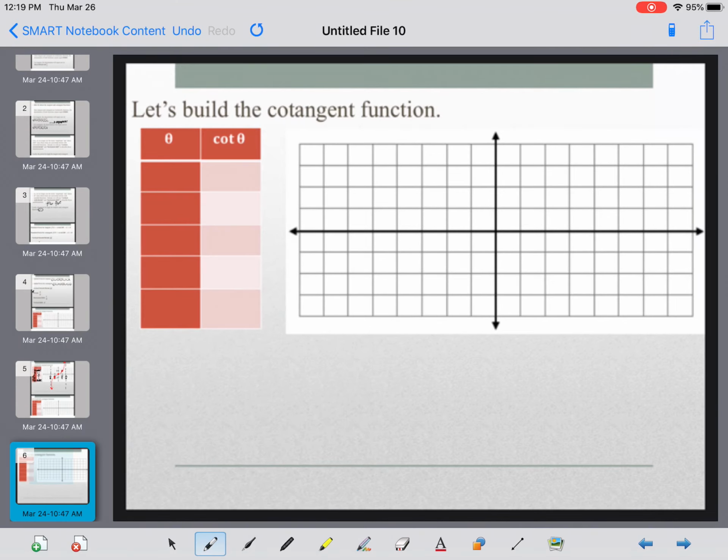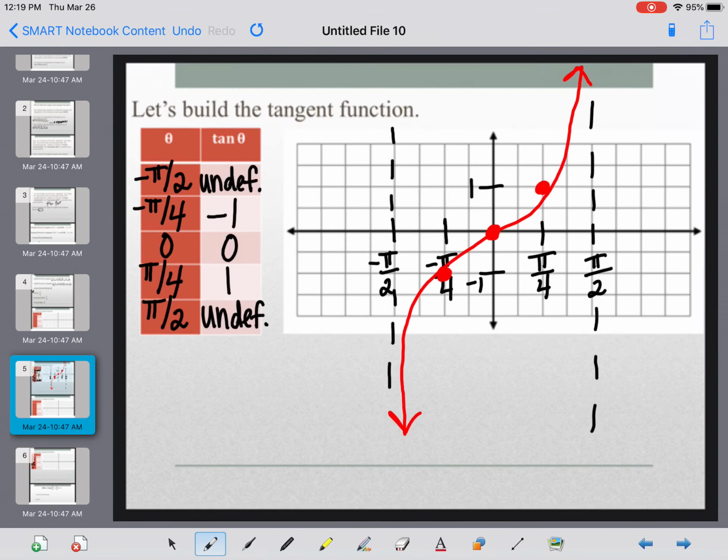Cotangent, unlike sine and cosine, has its own table of values that's different from tangent. So cotangent is actually going to go 0, pi over 4, pi over 2, 3 pi over 4, pi.